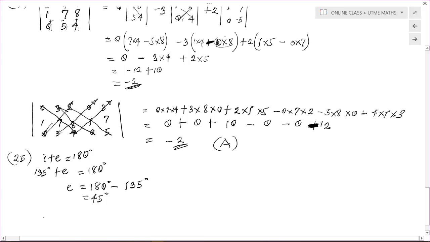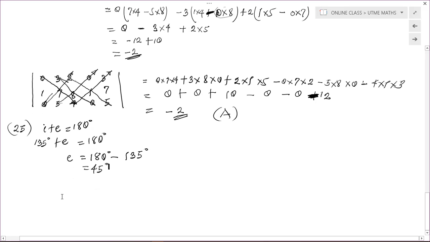Then from there, there's a rule in polygon that number of sides times exterior angle is equal to 360 degrees. That is, the total exterior angle sum is equal to 360 degrees, which means that n times 45 degrees is equal to 360 degrees.